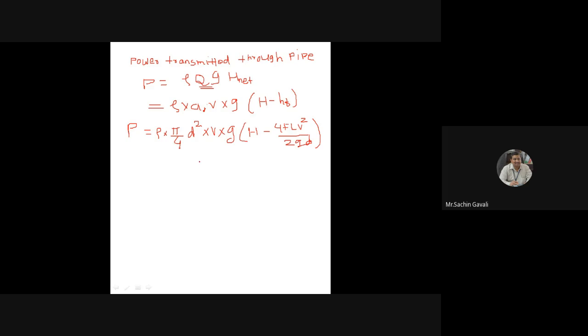If you take V inside the bracket, P is equal to rho into pi by 4 d square into G into bracket HV minus 4FLV cube divided by 2GD. So with the help of this equation, one can calculate the power transmitted through the pipeline.